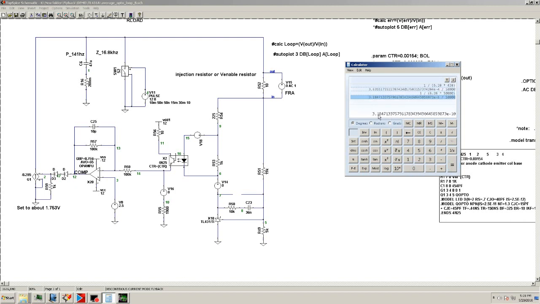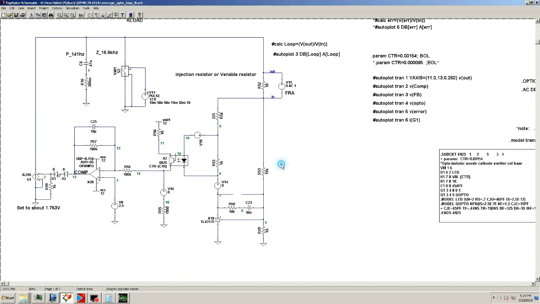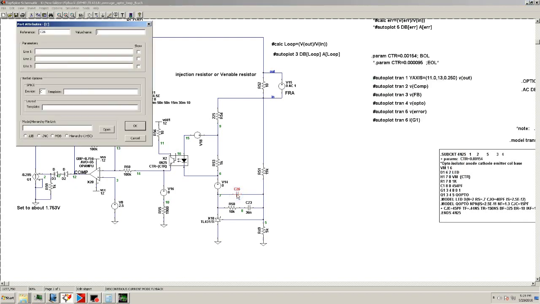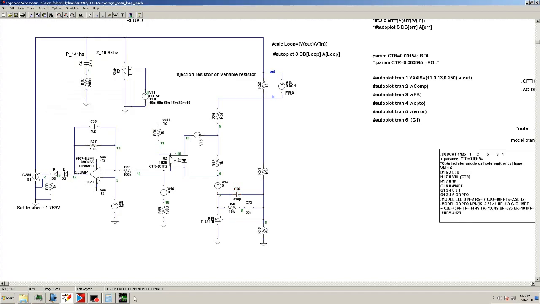And this is the compensation. So this would be at 318 picofarads.